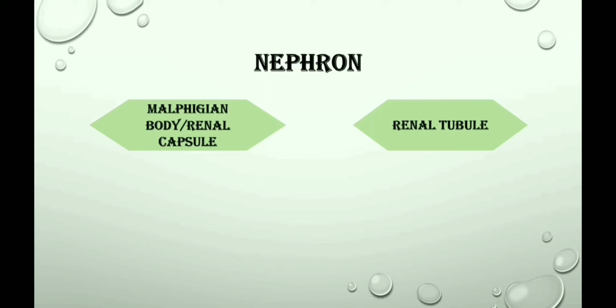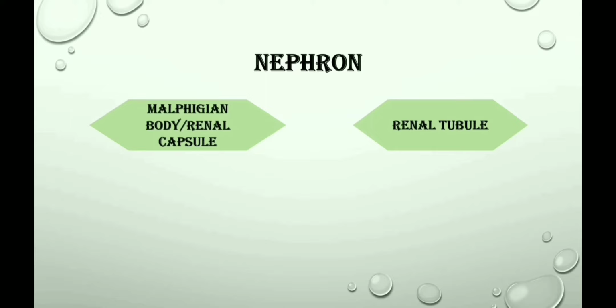Malpighian body or renal corpuscle is near about 200 micrometer in diameter, whereas renal tubule's proximal end is connected to Malpighian body. That proximal end is wide and blind, whereas the distal end of renal tubule is open, and this tubule is 4 to 6 centimeter long.